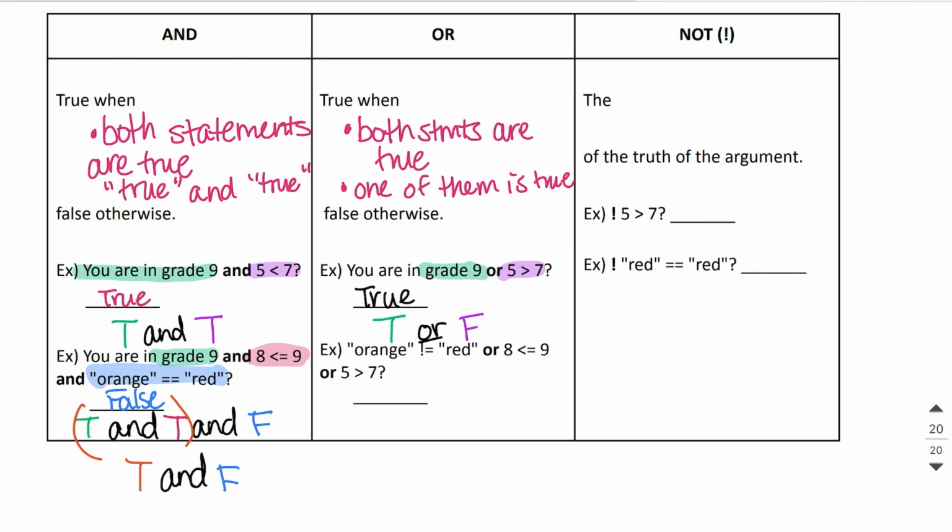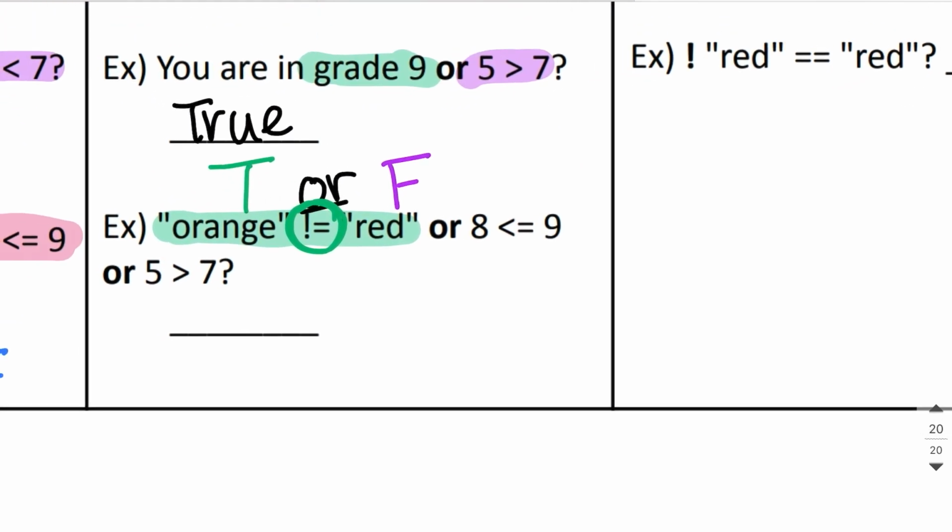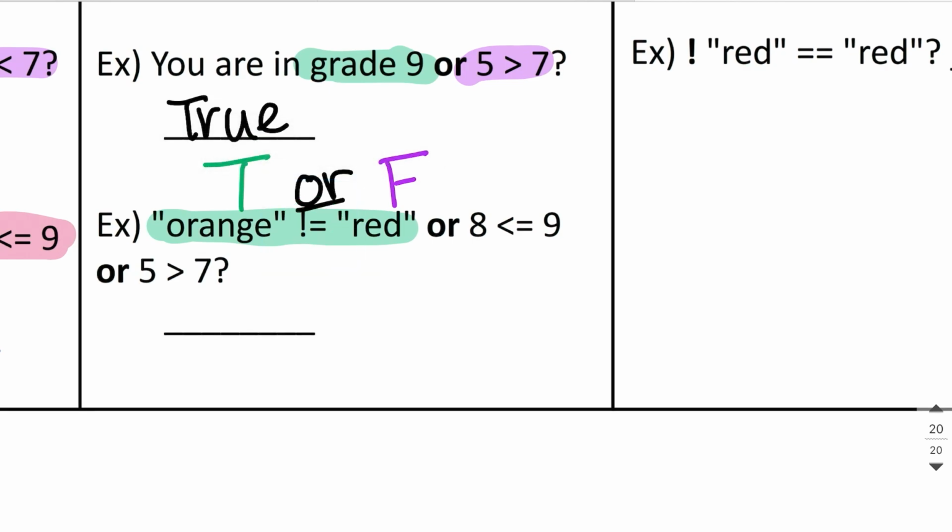All right, and then in the next example, it says orange is not equal to red. Notice right here, this statement right here means not equal to. So this is saying orange is not equal to red, which is a true statement. Or we also have 8 is less than or equal to 9, which is also a true statement.